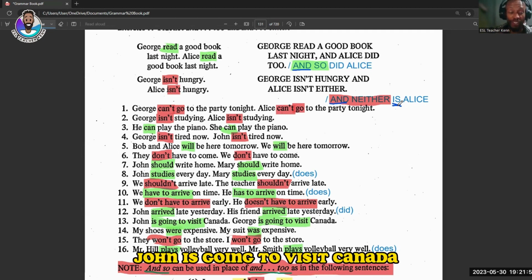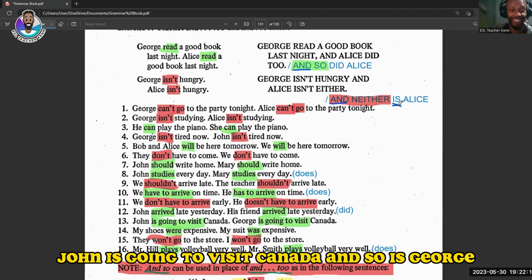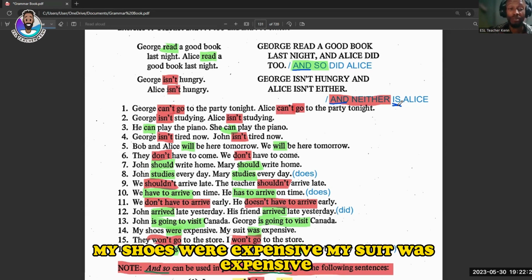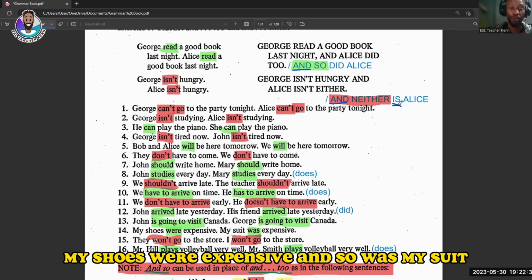John is going to visit Canada. George is going to visit Canada. John is going to visit Canada, and so is George. My shoes were expensive. My suit was expensive. My shoes were expensive, and so was my suit.